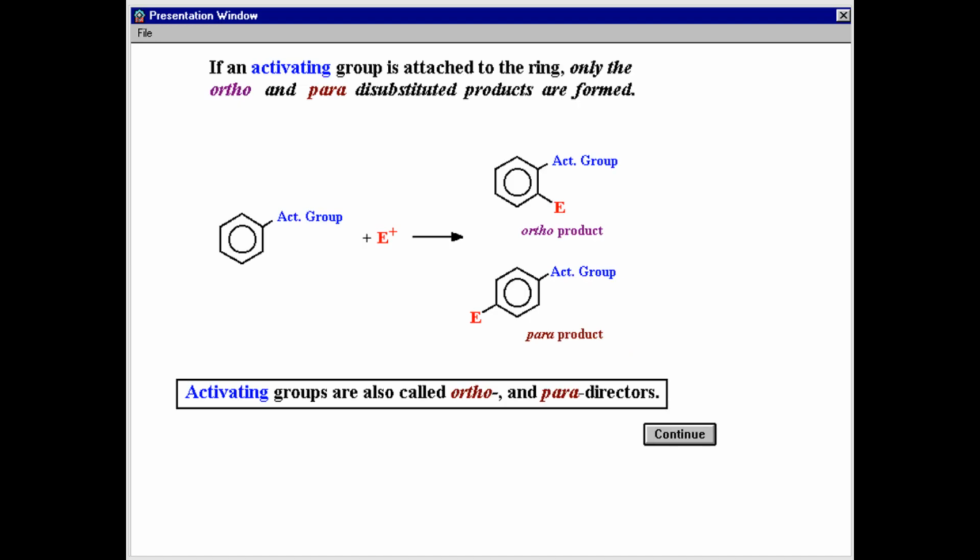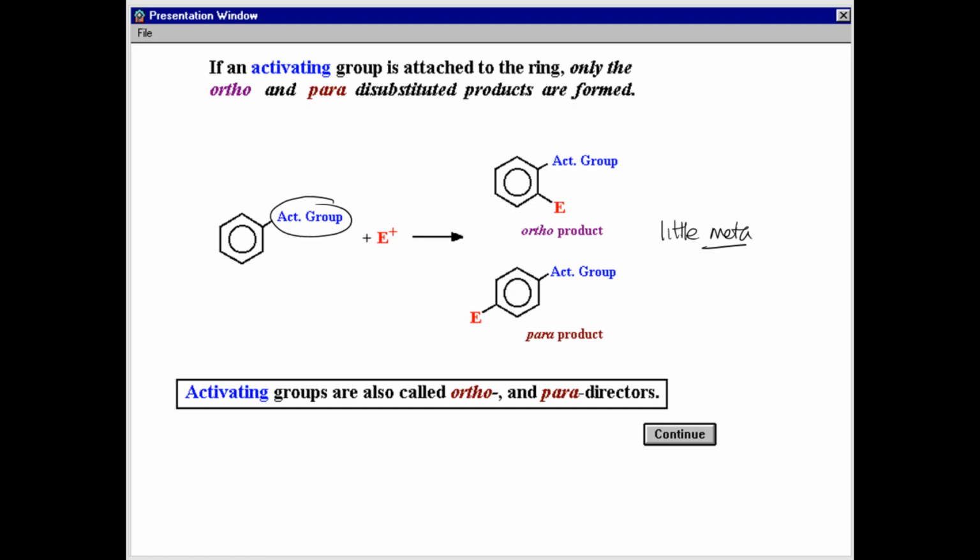And what we find experimentally is that if you take an activated group and you react an electrophile with it, you get a predominance of ortho and para, meaning that you get little to no meta product.